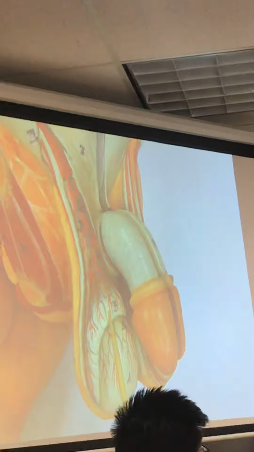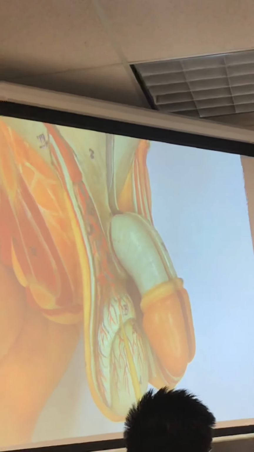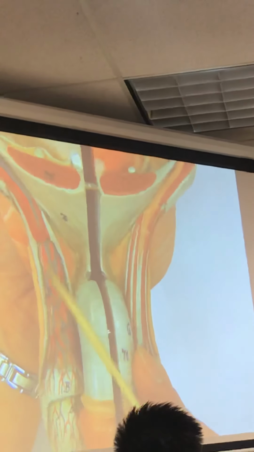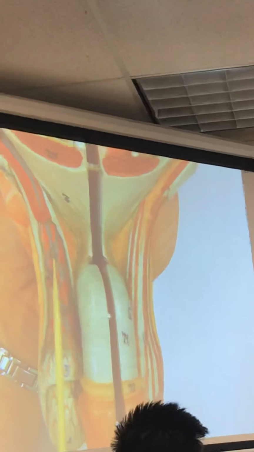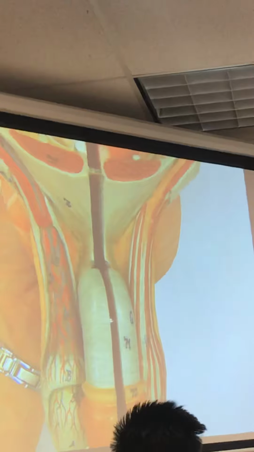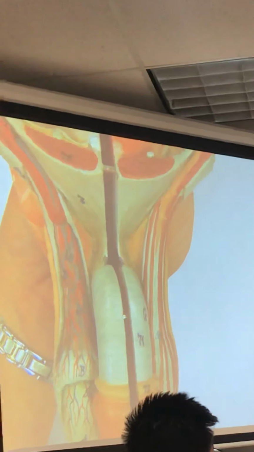Reabsorb abnormal sperm. Excellent. Maturation of sperm, reabsorption of abnormal sperm. Here we can see a spermatic cord. What were 5 main structures in that spermatic cord? I'll give you 2. Testicular artery, pampiniform plexus. What are 3 more? Vas deferens or ductus deferens, nice job.